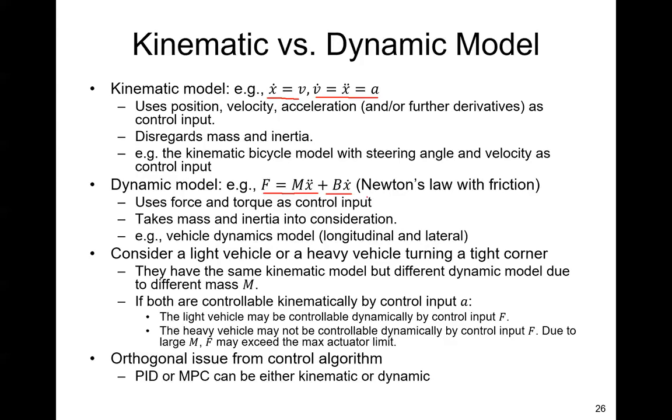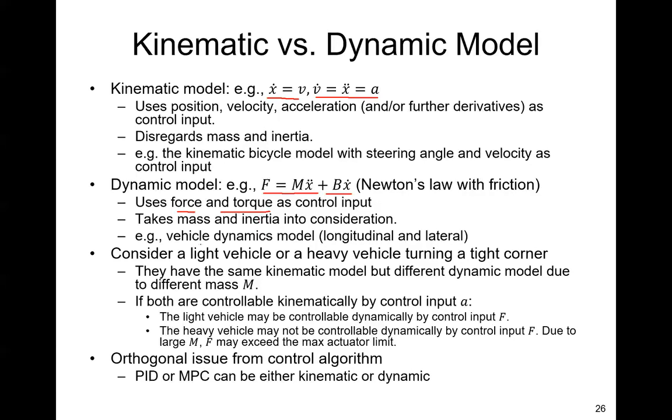You have a force dragging it, and also you have friction with the floor. For the dynamic model, the control inputs are force and torque. Torque is essentially a force applied to rotate a joint. So it takes mass and inertia into consideration.